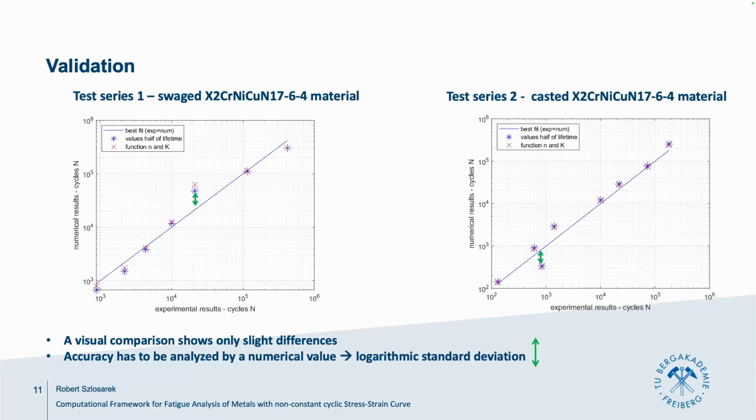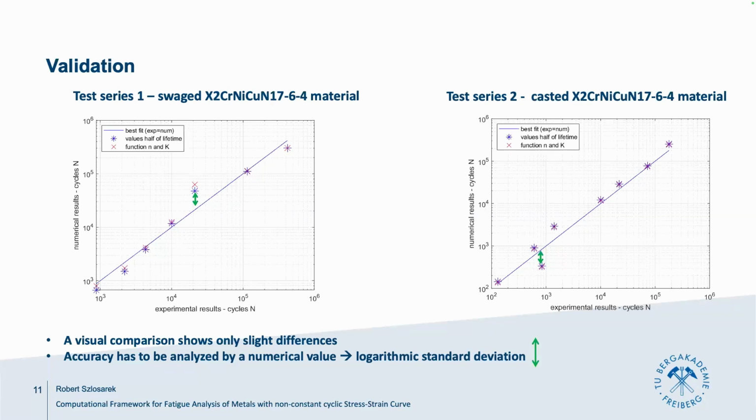If you are away from the line, then you have some differences. This is presented for 2 test series, and it is hard to quantify the result by eye. The dots are nearly the same.